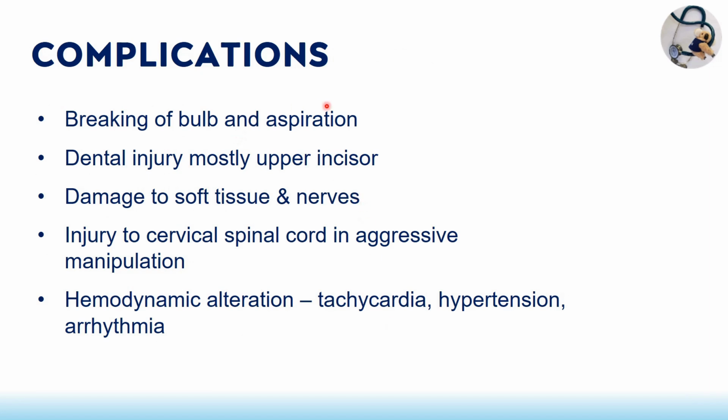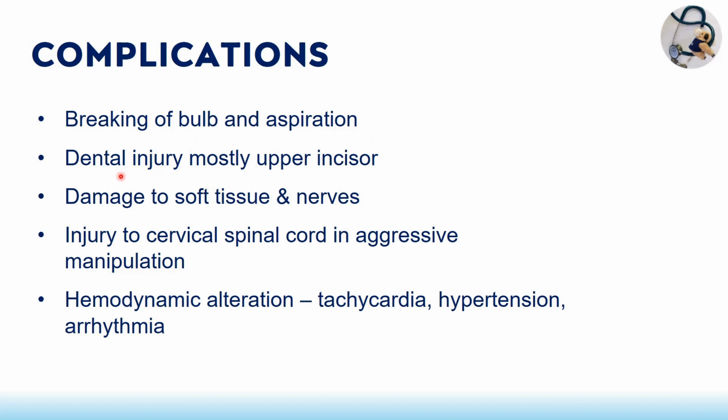Now complications. What complications can arise with a laryngoscope? So you might break the bulb and there is aspiration of the bulb while intubating. Sometimes the bulb is very loosely fit, the fitting is not tight, so you have to always check that. So if the screw is not properly tightened, then the bulb might fall and then patient might aspirate.